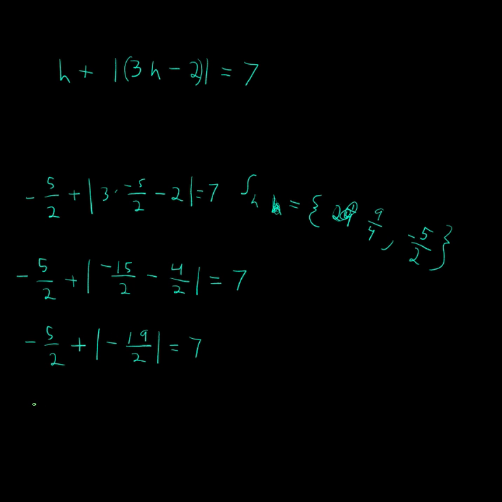So before I even evaluate it, I can get rid of those absolute value bars, and I'm left with 19 over 2. And so finally, 19 minus 5 is 14. So I get, yay, 14 over 2 equals 7. We're good. So there we go. That time the checking was a bit harder than solving it, I think.